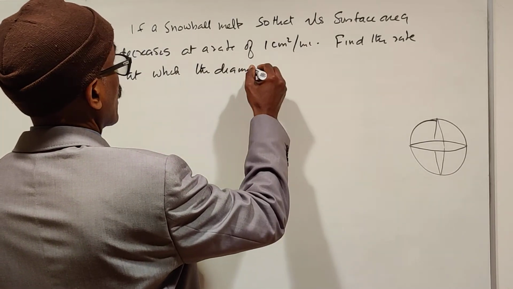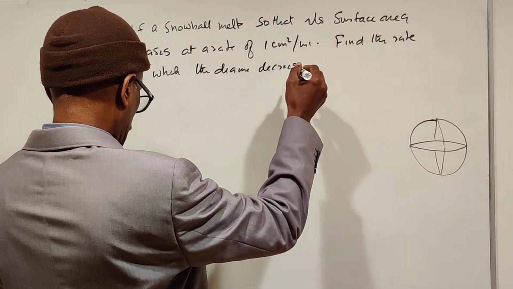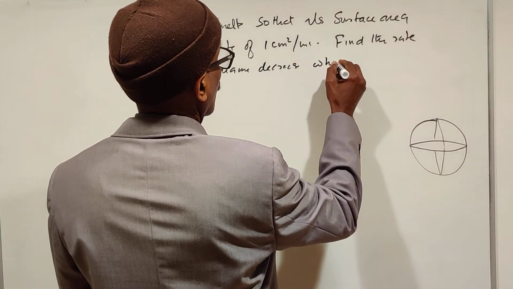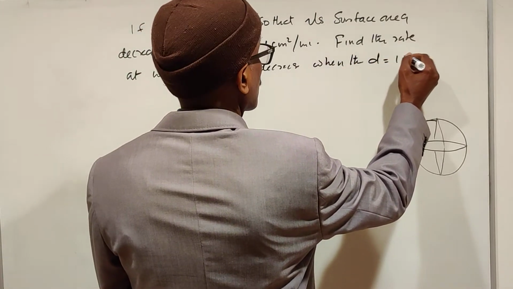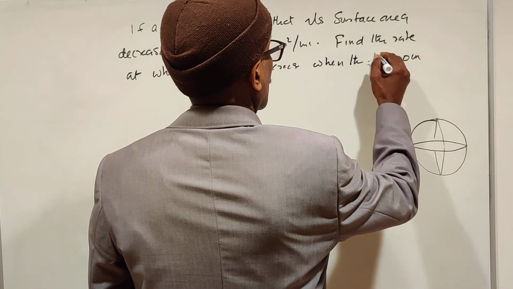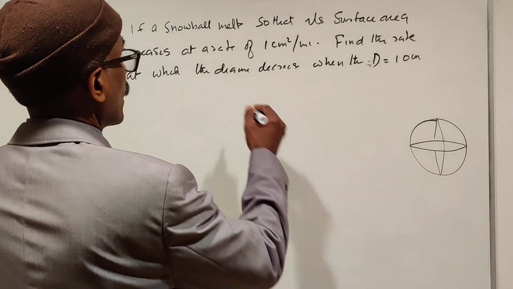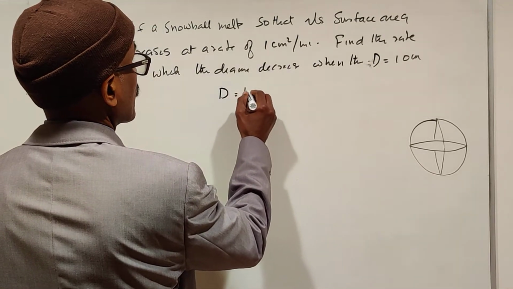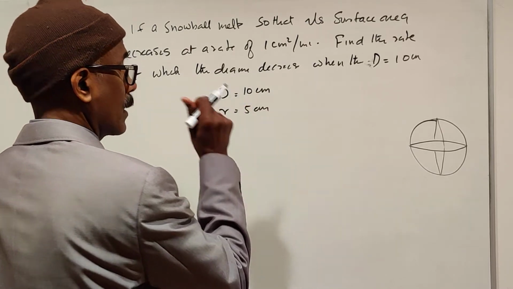Find the rate at which the diameter decreases when the diameter equals 10 centimeter. When the diameter equals capital D, radius, when diameter is 10 centimeter, what is radius? Radius is 5 centimeter, the half of diameter.